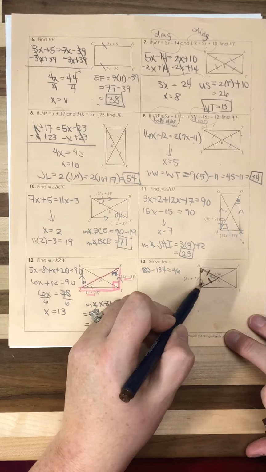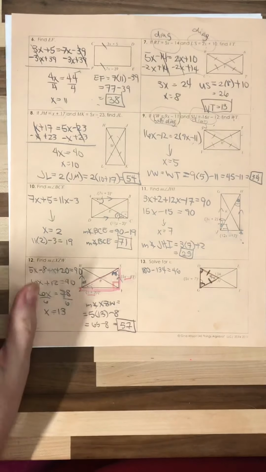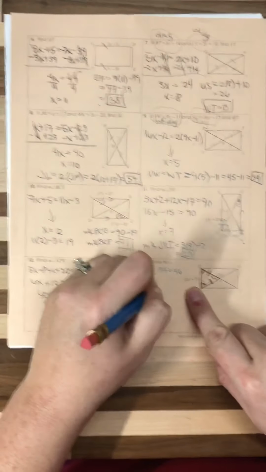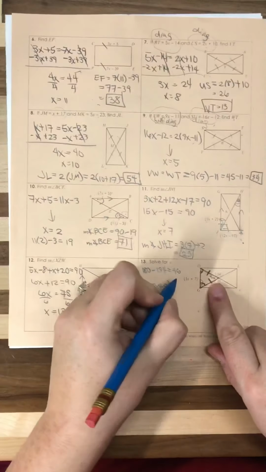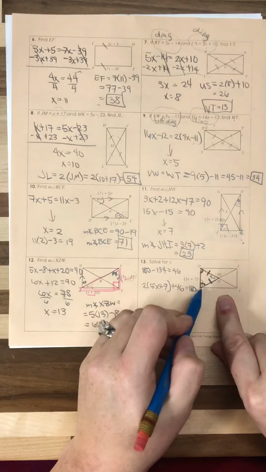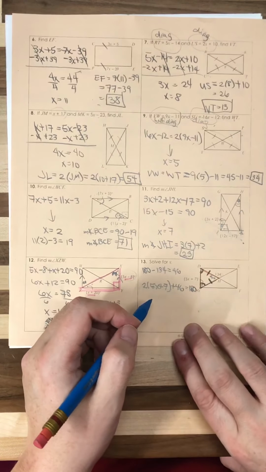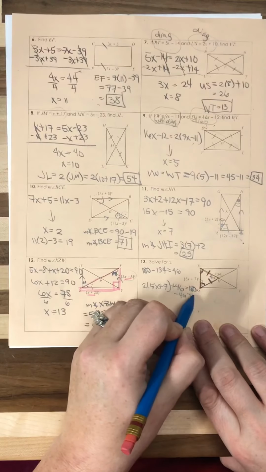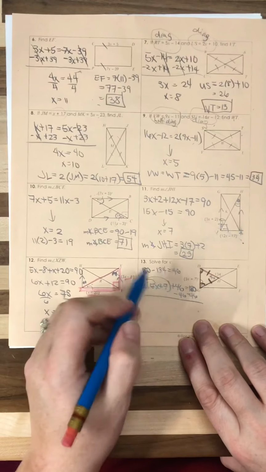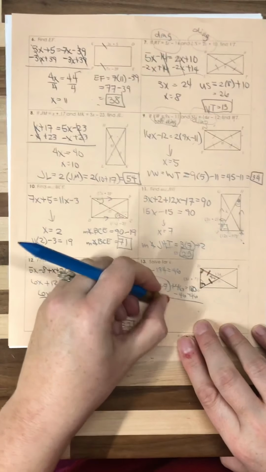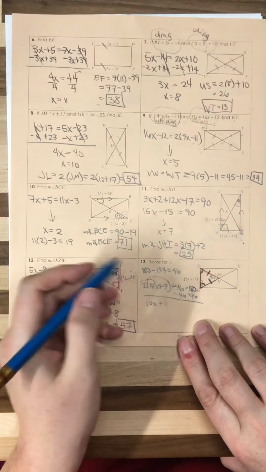So these base angles have to be the same. So 2 of the 5x plus 7s, which are the base angles, plus that 46 has to equal 180 since the angles of a triangle add up to 180. I'm going to subtract 46 right away, and distribute. So I get 10x plus 14.